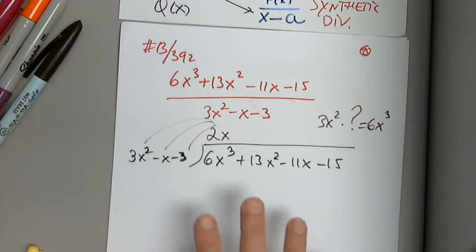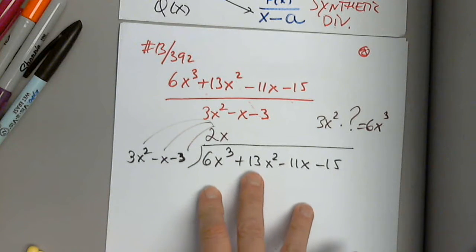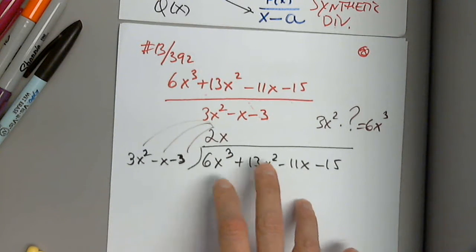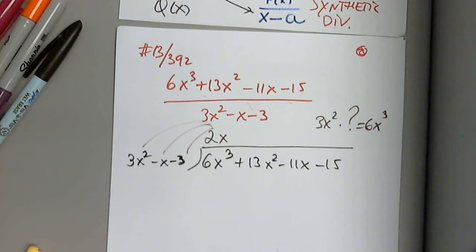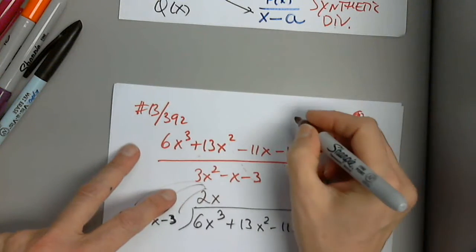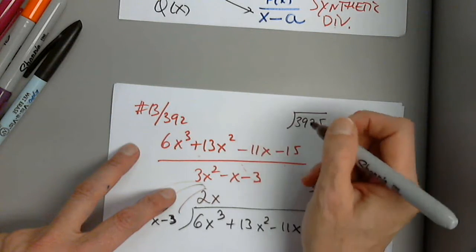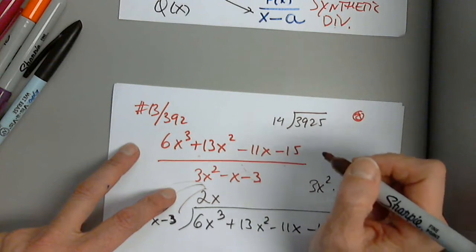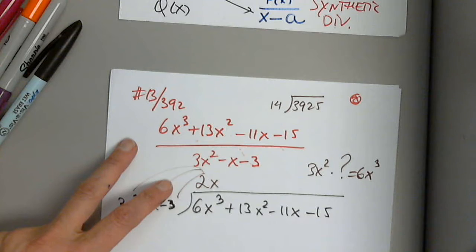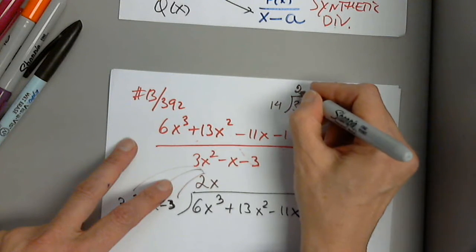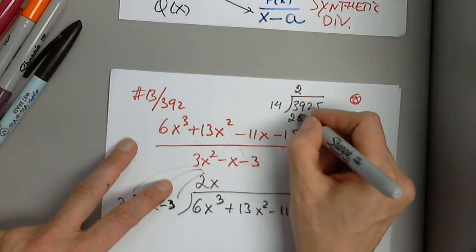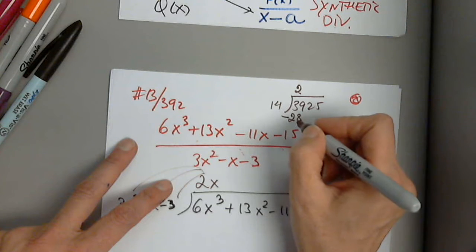We must distribute to all terms, determine the result, write below like terms, but before we write, we must change the sign because we subtract. Let me explain why, because I'm sure you're going to ask. So when I have, let's say, 3925 divided by, I don't know, 14, then I will say 2. 2 times 14 is 28, but I have to subtract.